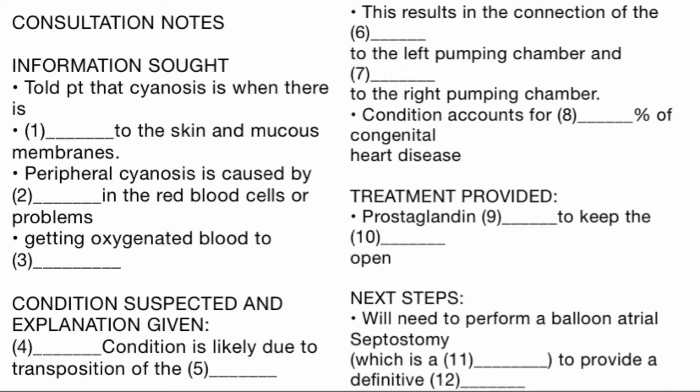We will also need to do a balloon atrial septostomy, which is a surgical procedure in which a small hole is created between the upper two chambers of the heart, the atria. This will improve the mixing of oxygenated and deoxygenated blood at the atrial level, but ultimately an atrial switch operation will need to be performed to provide a definitive correction.